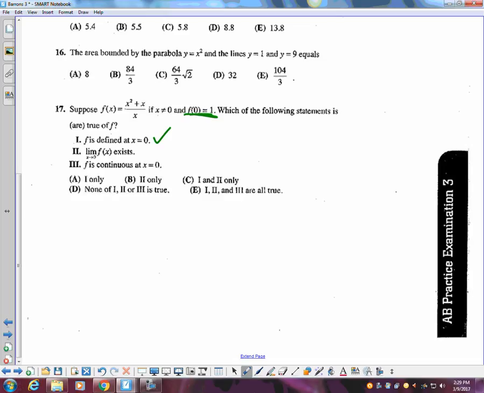The limit as x approaches 0 exists. Now, I know that at 0 we don't exist, but I'm just wondering if we're headed to the same place from both sides. Does anybody see any algebra we could do? Can we take an x out? Okay. Now, what cancels?